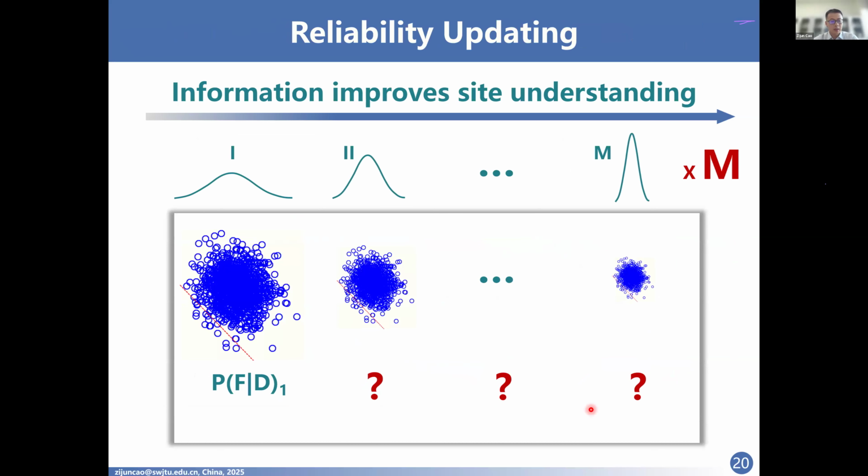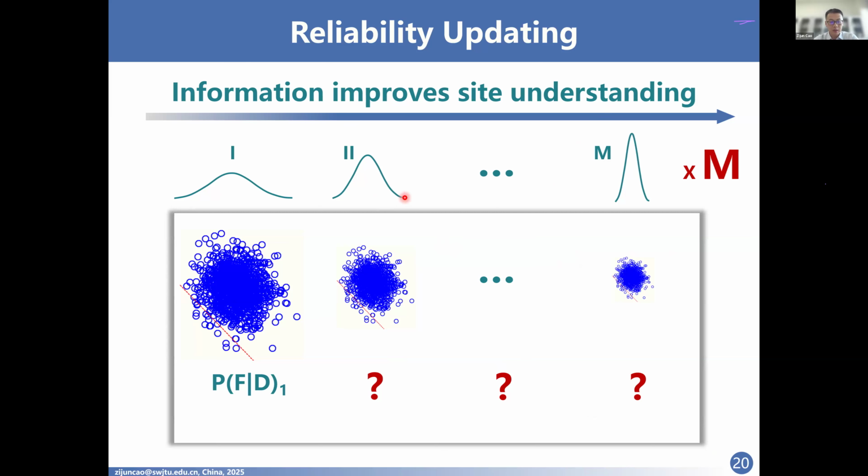Since the calculated reliability is a nominal value, it should be updated with new information. A typical scenario is that geotechnical site understanding can be improved with a collection of site information. For example, soil parameter distribution can be changed with the different site information.